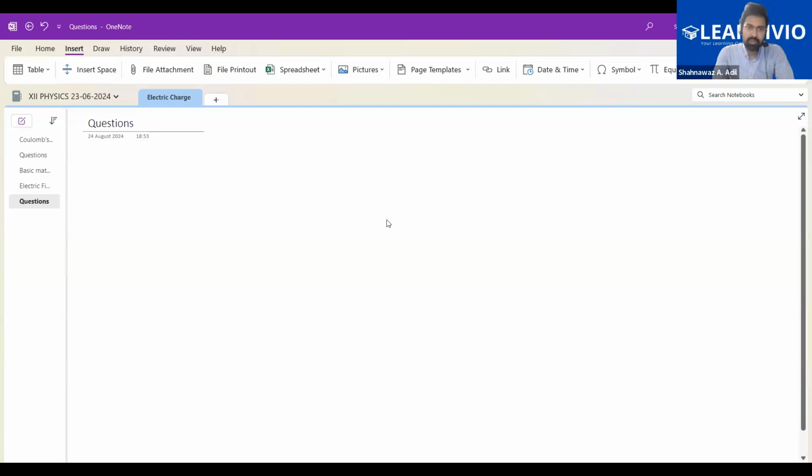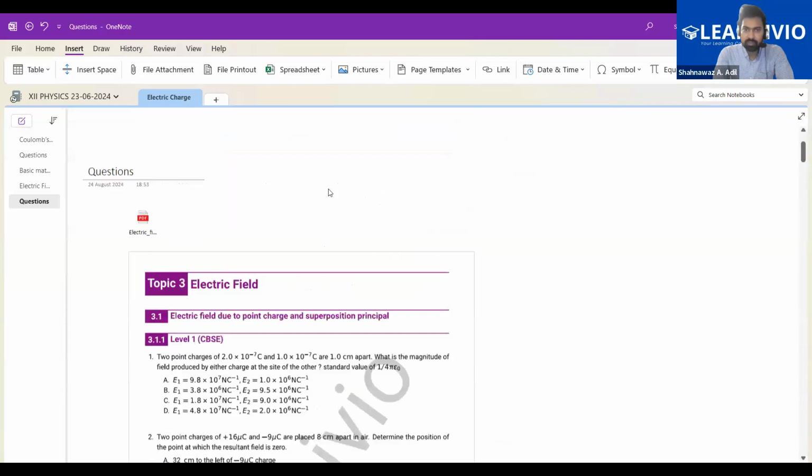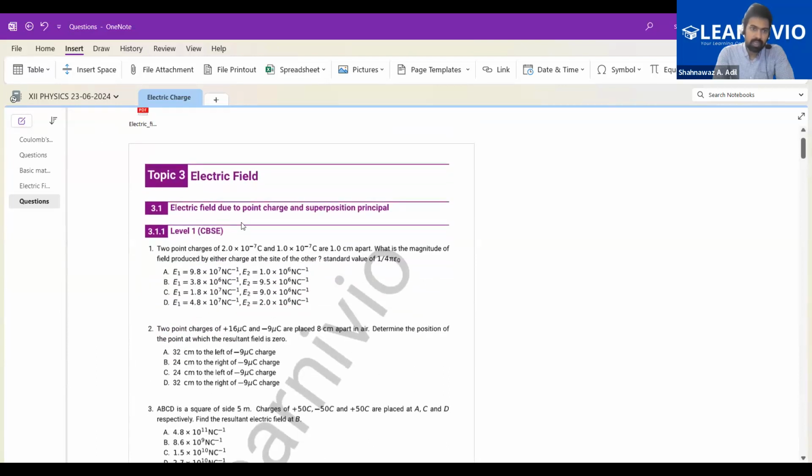There will be lots of questions, but we will be doing selected questions, only the NCERT ones. Electric field due to a point charge and the superposition principle that we have learned.